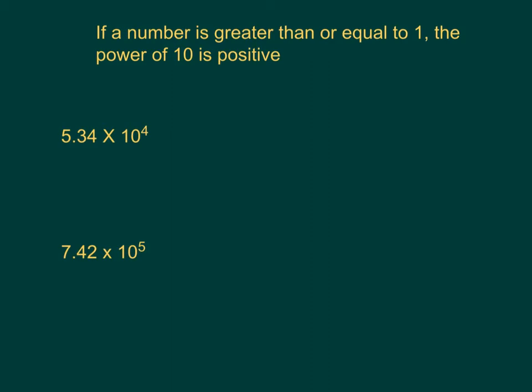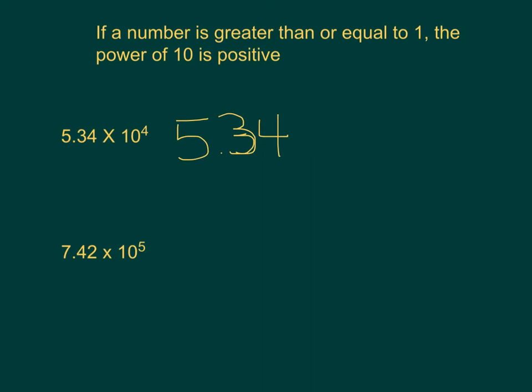So given a number in scientific notation, and you want to change it to a number in standard form, we look at first our coefficient, our number, 5.34. Now, I know that this is going to be a bigger number because I have a positive exponent.